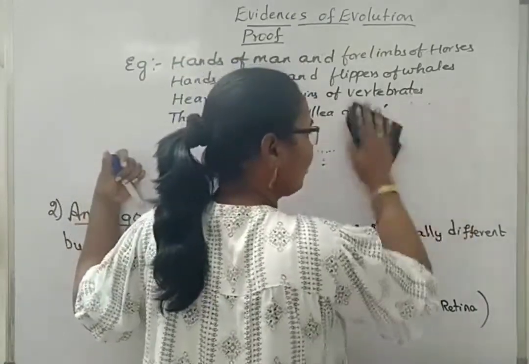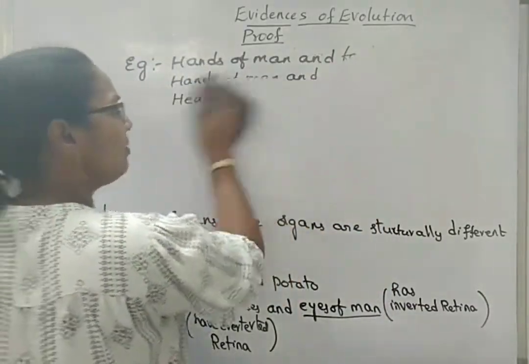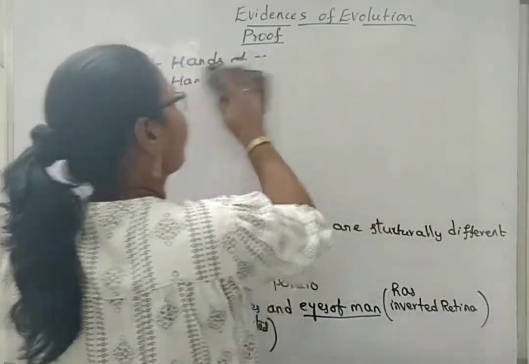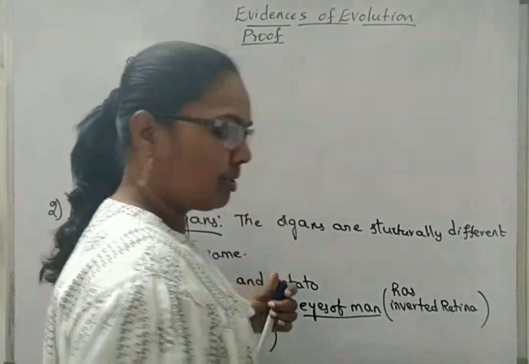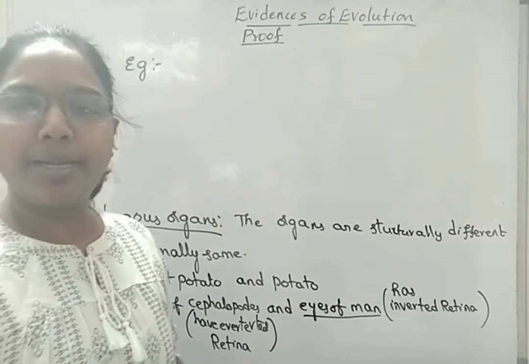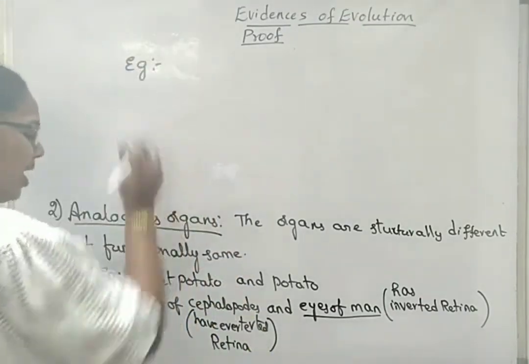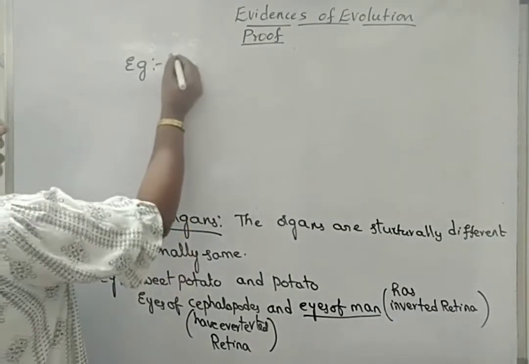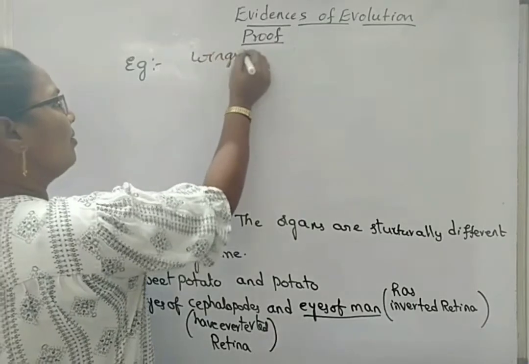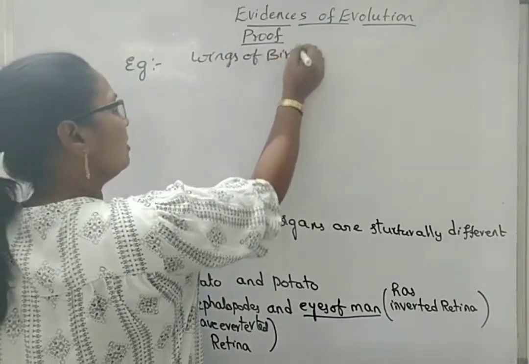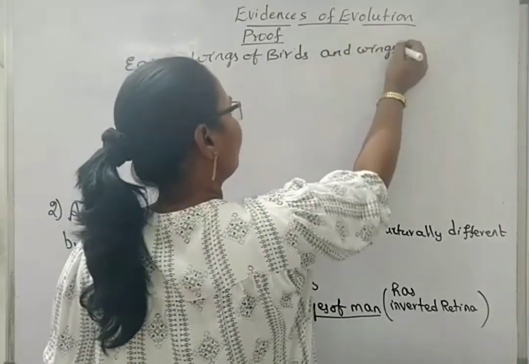Another example we can take is wings of birds and wings of butterflies or insects. Wings of birds are made up of bones. Wings of insects are made up of chitinous exoskeleton. So, another example for analogous organs: wings of birds and wings of insects.